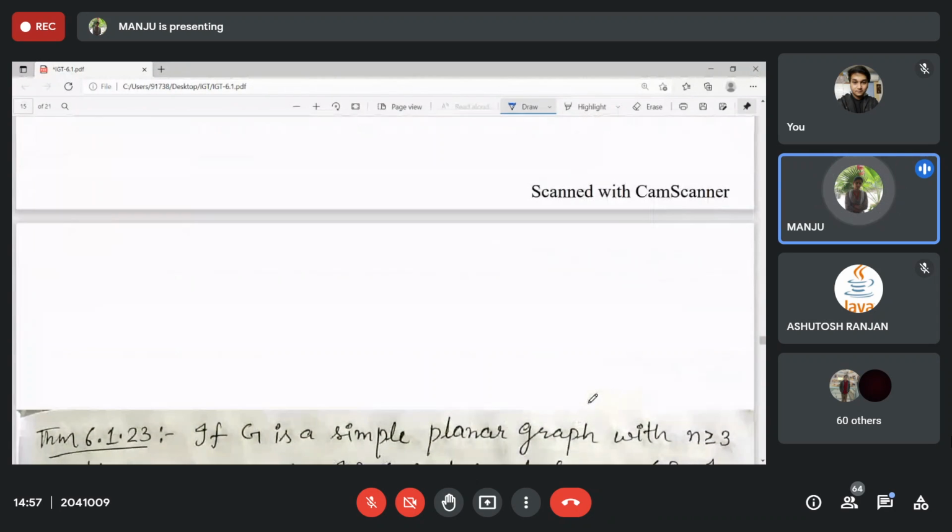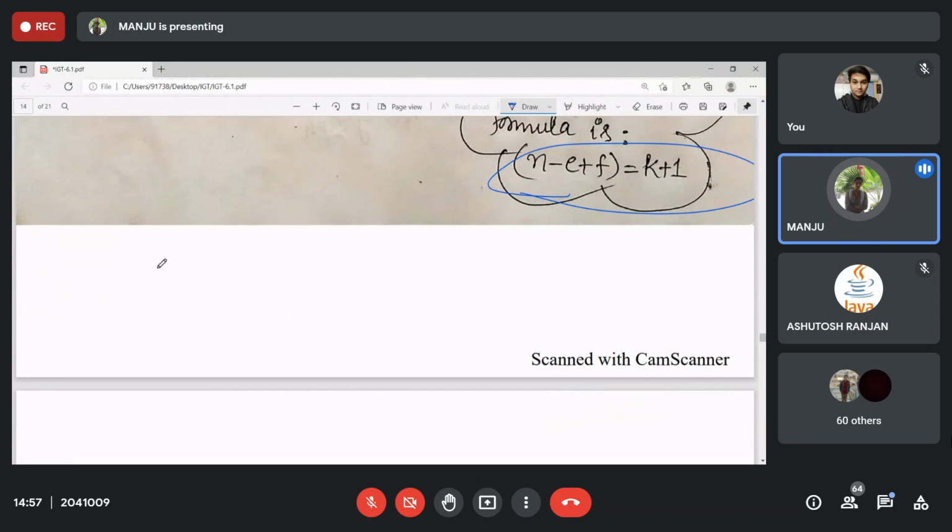Yeah, then two more theorems we have done. That is, if G is simple, first it's simple, a plane graph or planar. If planar, you can draw it as a plane graph, right? A simple planar graph. Then N is at least 3, and then you can have E at most 3n minus 6. G is simple, no multi-edges and no loops, plus planar, right?